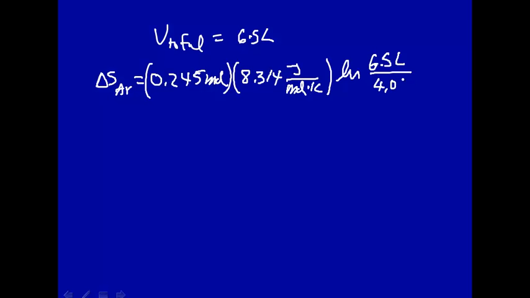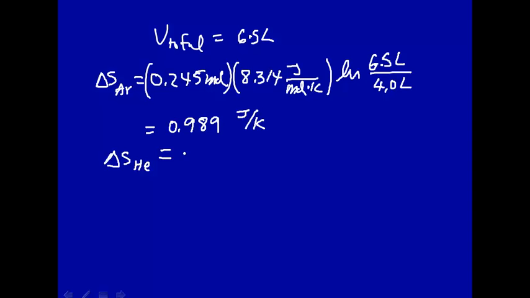Initially argon was in 4.0 liter. And this comes out to be 0.989. You do the same kind of calculation for helium. You can do that on your own if you want. And by the way, what are the units here? Moles cancel out, this is unitless, and this is joule per Kelvin.